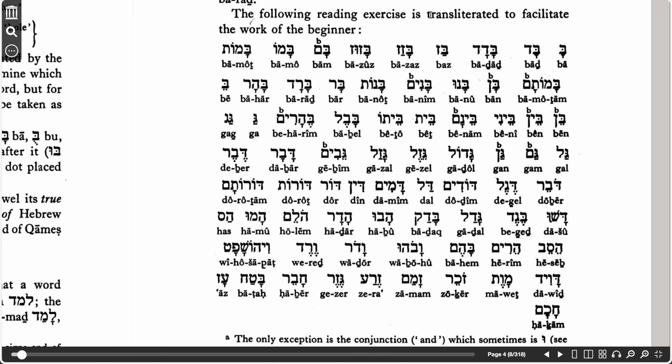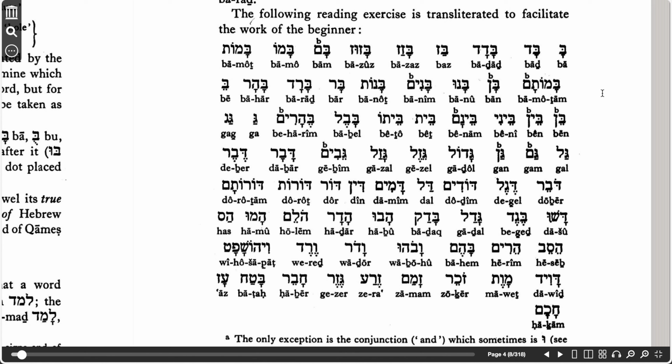This is the transliterated. So the reading exercise is transliterated. That's the transliteration to help you in terms of being able to read these and get familiar with the vowels and the consonants. And so that's why he put this together. You want to practice this a few times. You want to go over this a few times. That will be some help to you. Okay?